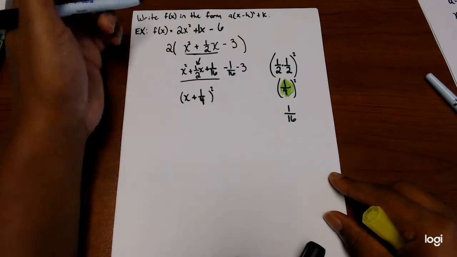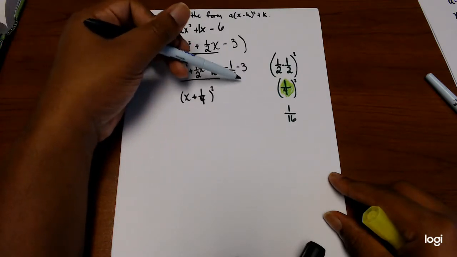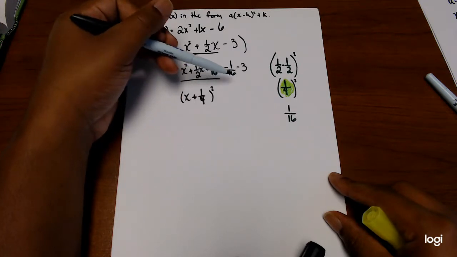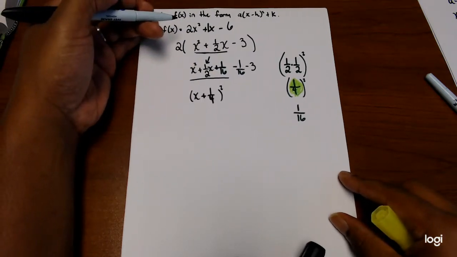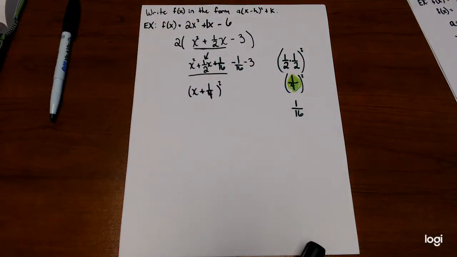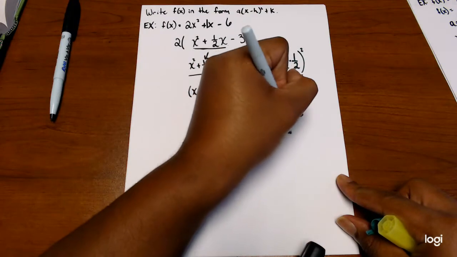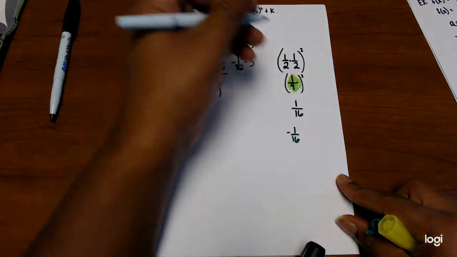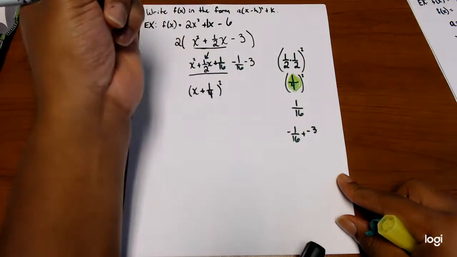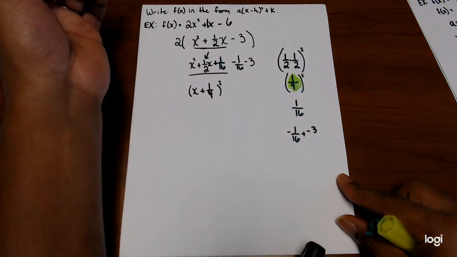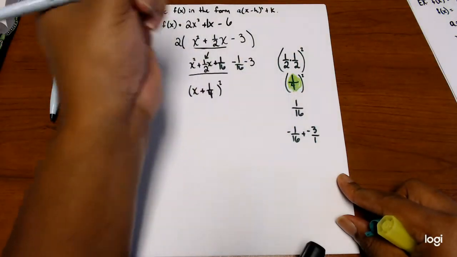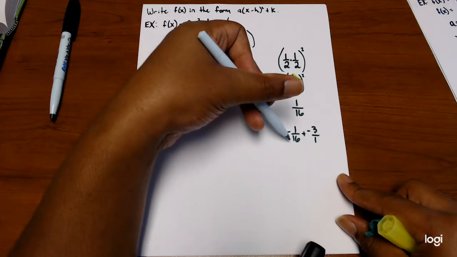Now, all that's left for us to do is a little bit of arithmetic. We need to compute negative 1/16 minus 3. I'll do that off on the right-hand side over here. Negative 1/16, I'm going to change that for now to plus a negative 3. Remember, in order to add fractions, we need a common denominator. So that 3, let's make it 3/1, and the lowest common denominator would be 16.